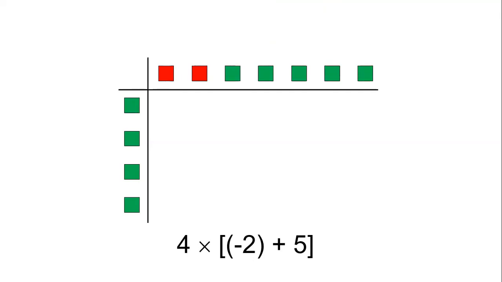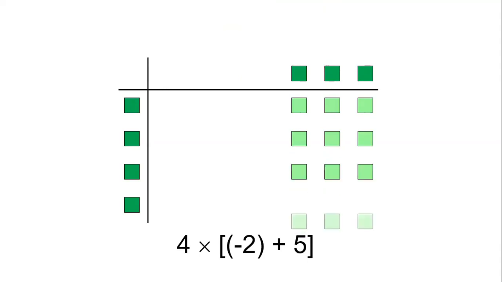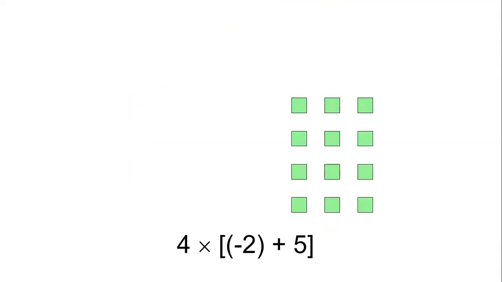Okay, so I've got 4, I have got -2 plus 5, and I'll remove the zero pairs now. That's what is left. So this is identical to what we had. So what is happening here is when we are showing it as a sum of products, you get the two arrays and you add them.